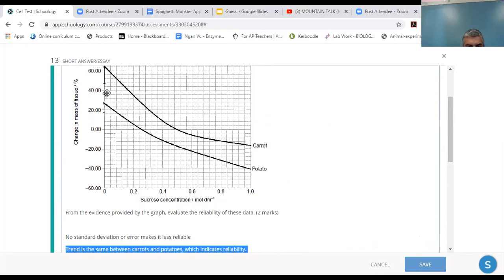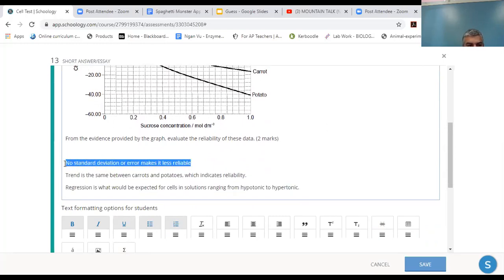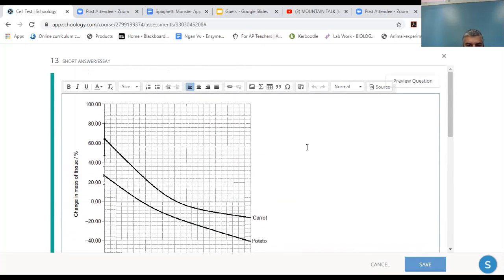You would expect there to be an increase in mass to a decrease in mass in hypo to hypertonic solutions. So the thing that you needed to do is just talk about how this was reliable. Most people didn't get any marks on this one, but some people did write about this. How many of you guys in this group, I'm curious, got a mark here?